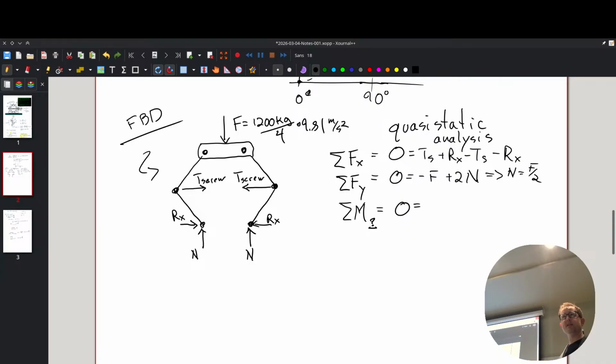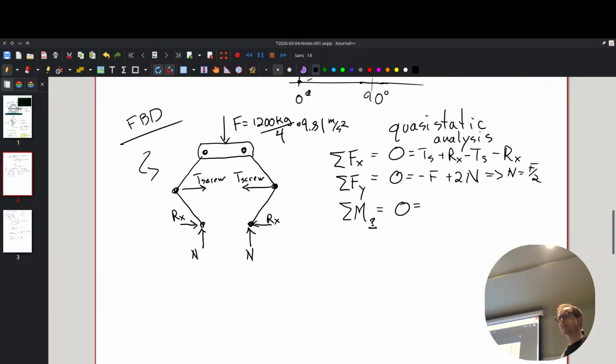Moments, did we try anything here? You did? Did it come up with anything? Well, we can solve for N of this, and you can solve for T of this screw, even though it's going to be T-screw times the distance, which relates to the angle.